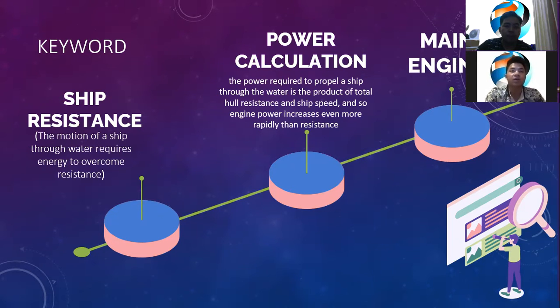The power required to propel a ship through the water is the product of total hull resistance and ship speed, and so the engine power increases even more rapidly than resistance. And the last one, after we complete the ship resistance and the power calculation, we can choose our main engine and do the recalculation for the main engine, so we can find the perfectly fit main engine for our ship.